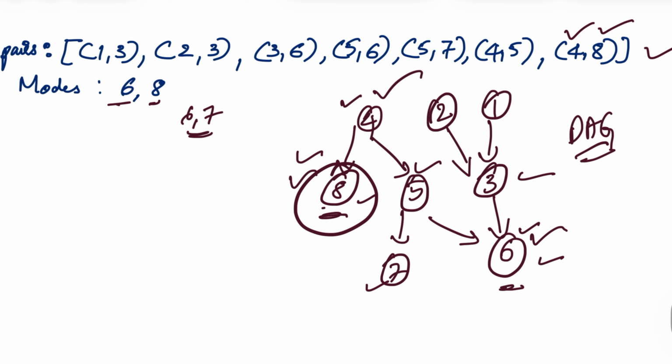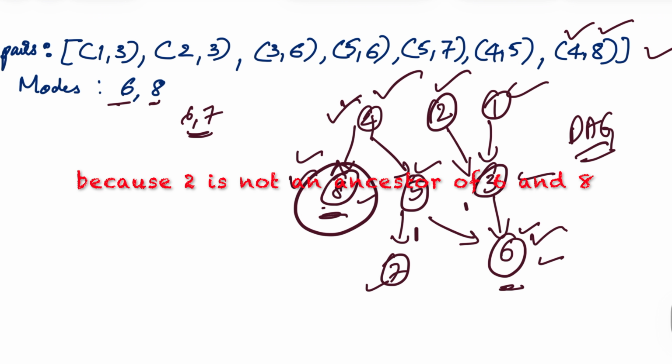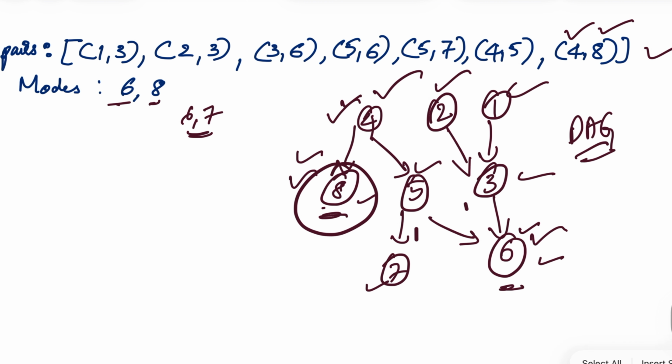If you encounter, then yes, we return true because a common ancestor exists because we started traversing from one single node. So we start from 4, yes it exists, we return true. If we started from 2, in case it does not exist, then we try with 1, then we try with 4, yes we return true. So in the worst case, we end up trying all the nodes and try to check if a common ancestor exists.